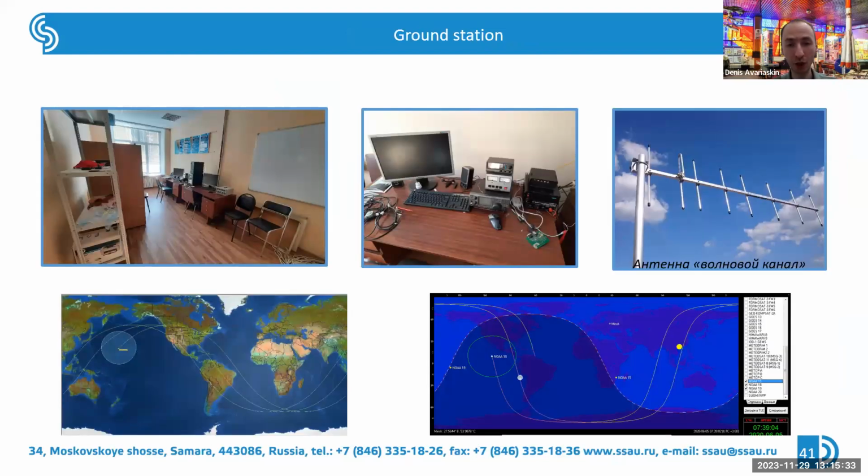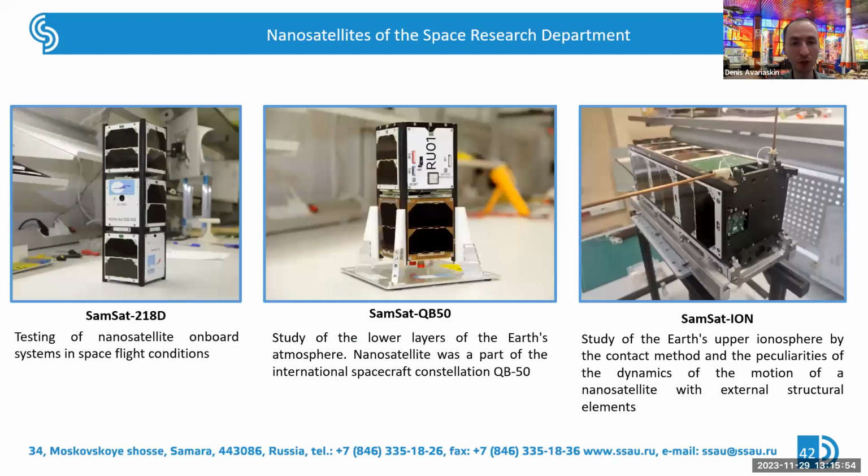Also, we have a ground station to control our satellites, to receive data from our satellites, and to send commands there. It's also in our department. So all the students have classes in these laboratories and this ground station.